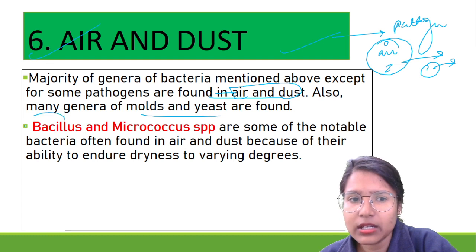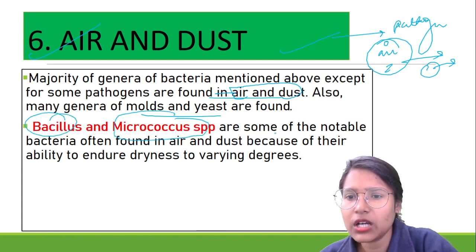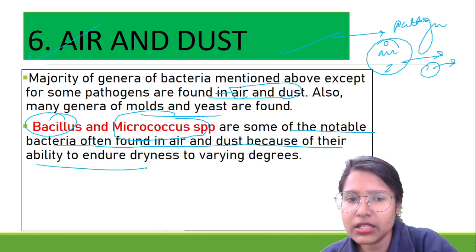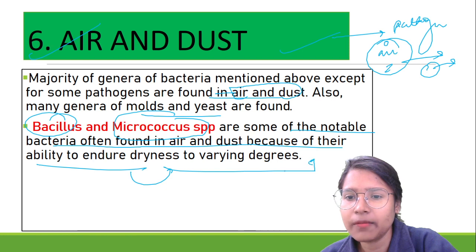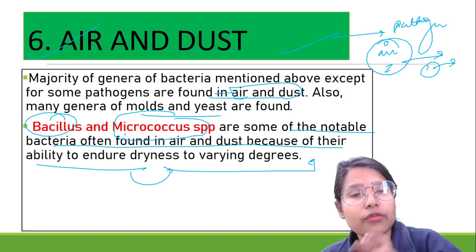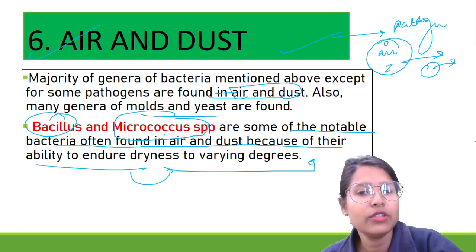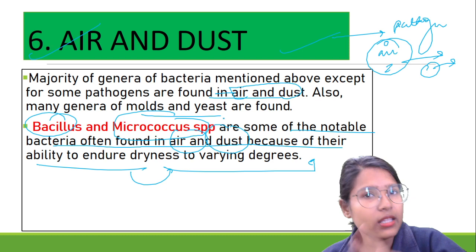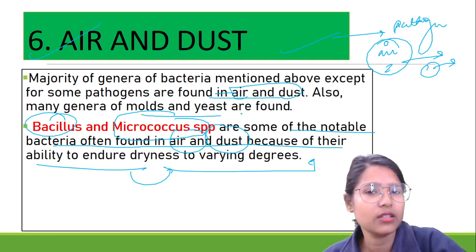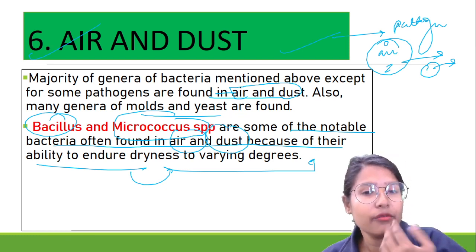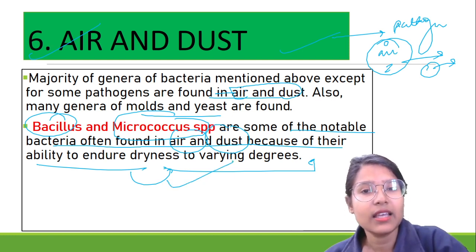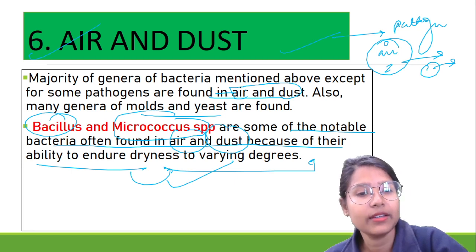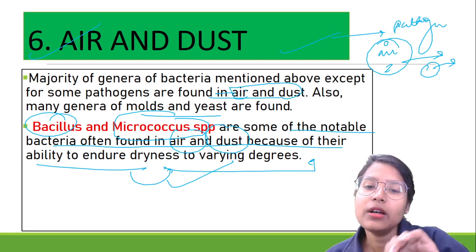Now Bacillus and Micrococcus species, which are some of our notable bacteria, are found in the air and dust because of their ability to endure dryness to varying degrees.